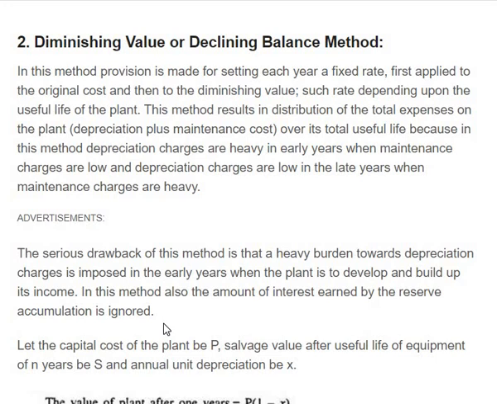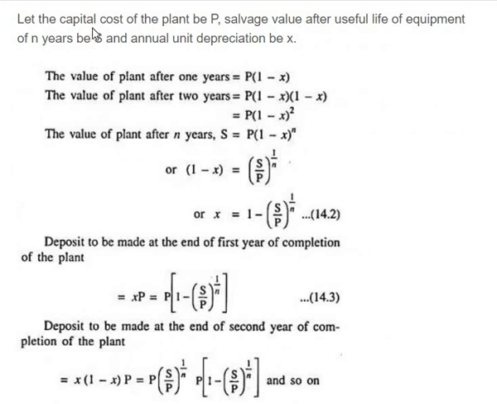Now we will see in depth the diminishing value or declining balance method. Let the capital cost of the plant be P, the salvage value after the useful life of n years be S, and the annual unit depreciation be denoted by letter X. The value of the plant after 1 year is P(1 - X).